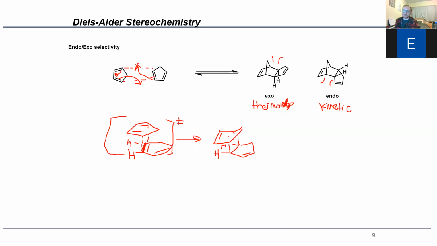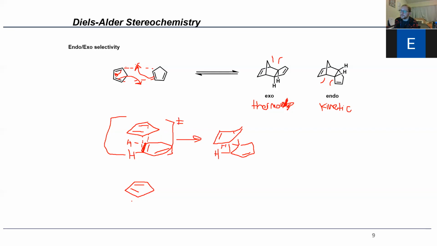We see that much like the exo product itself, the transition state is unstrained, and that's great. But what we'll note is the endo, or the transition state that leads to the endo product, has a bit of extra stabilization that comes from secondary orbital interactions.